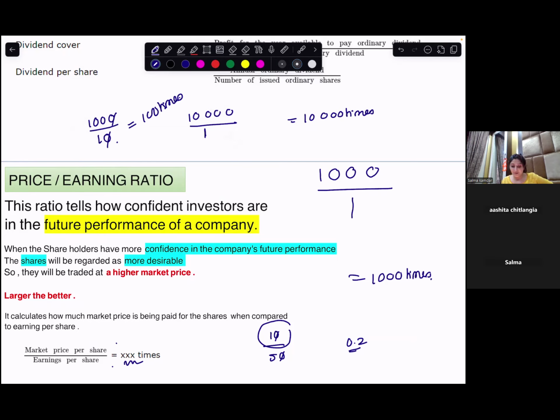The one lecture one. These people are ready to pay this much because they have confidence in their future performance with this company. That one lecture can be more efficient than those 10 lectures. And here, the lower it is, the shareholders are still not confident with the company.